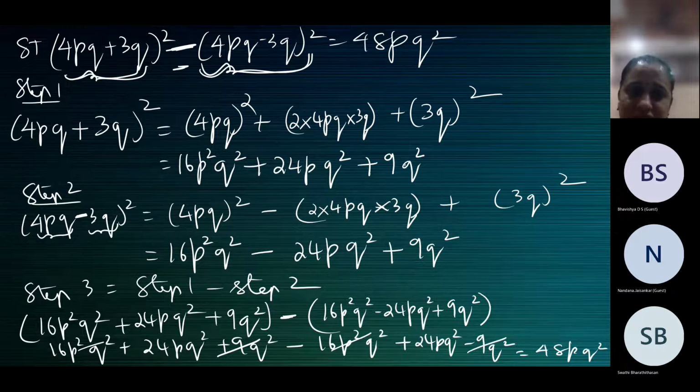So take up the LHS, and the LHS itself you can take in parts. So we worked it in step 1 and step 2, and then step 1 minus step 2 is the final answer. And we got 48 PQ square, which is the RHS. So hence proved.